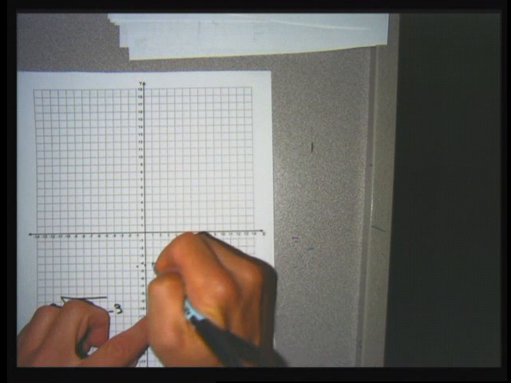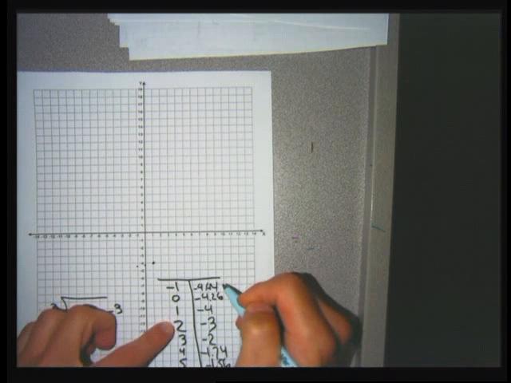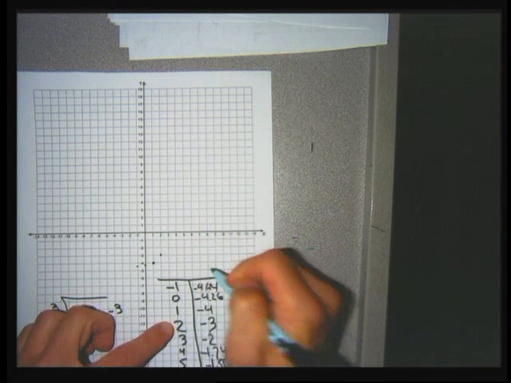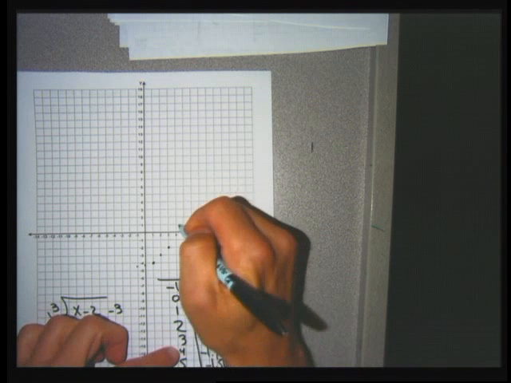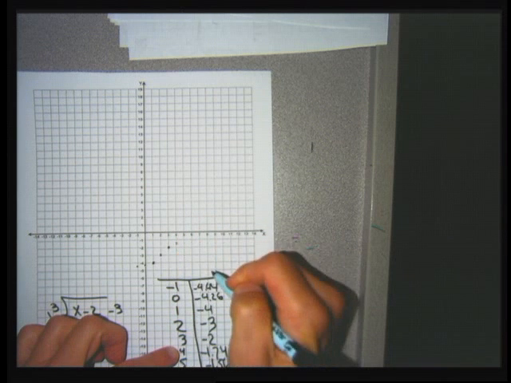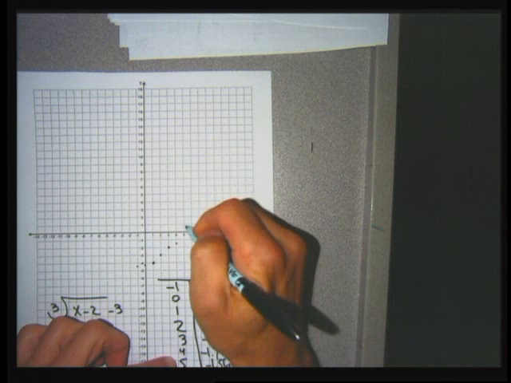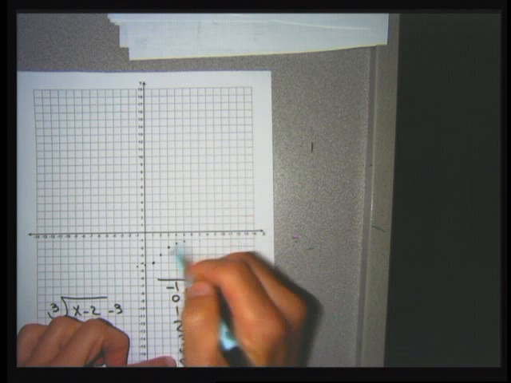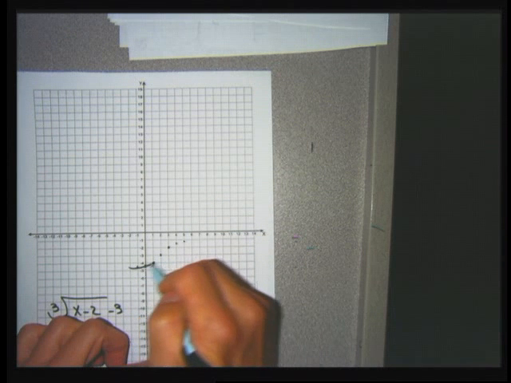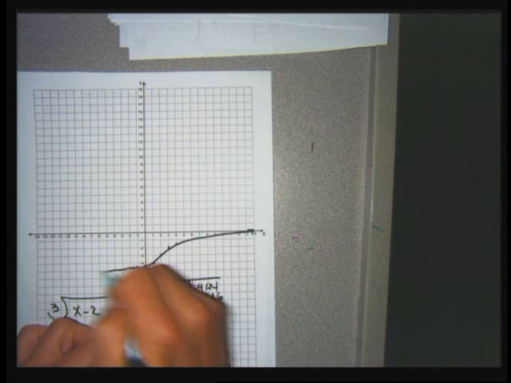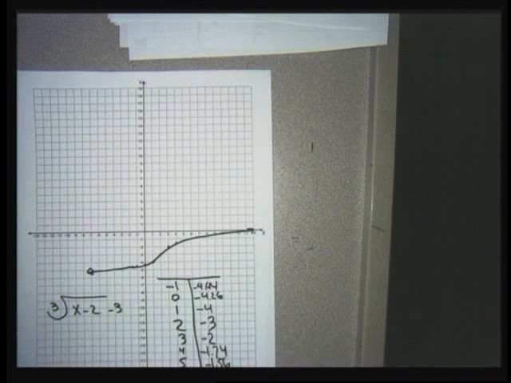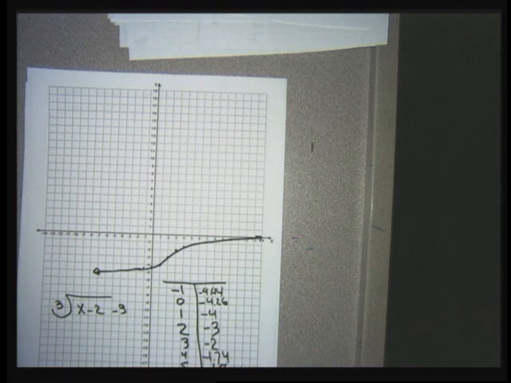And then 1 and negative 4, 2 and negative 3, 3 and negative 2, 4 and negative 1.74, 5 and negative 1.56. I don't know how well I graphed those, but well enough, I guess. So not a stellar graph. I probably could have been a little more careful plotting my points, but it's good enough for what we're doing.